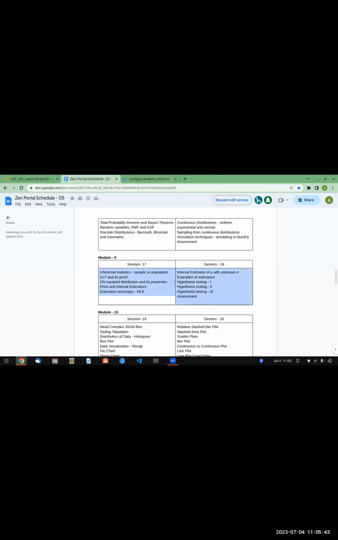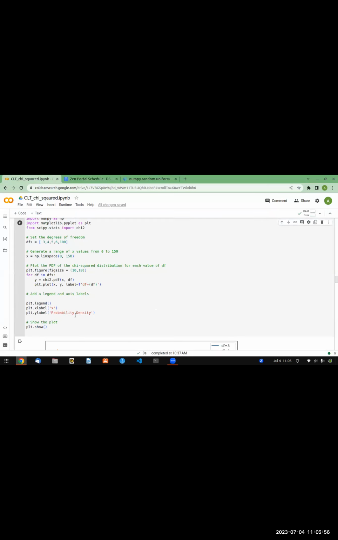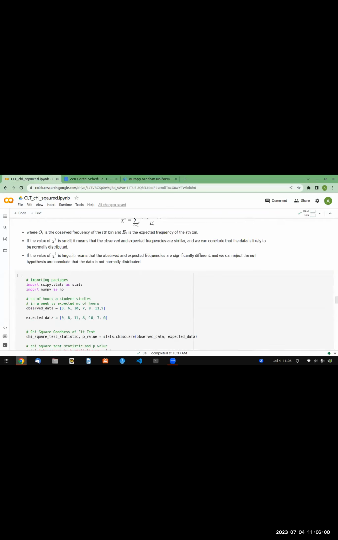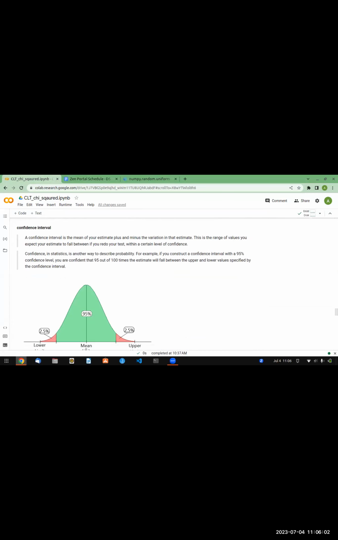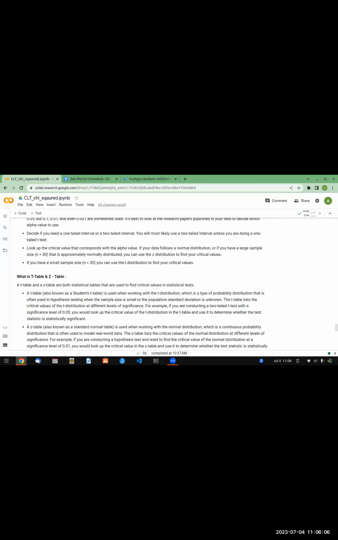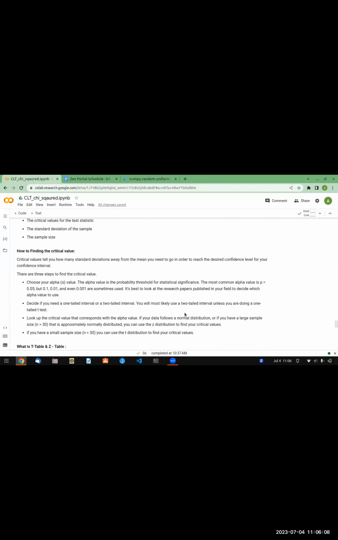Hypothesis testing will again bring many questions, and I'm totally happy with that. So let's see tomorrow. We'll discuss how I defined this code, and then point and interval estimators, how to calculate the critical value and all. There is some statistical approach you need to follow.